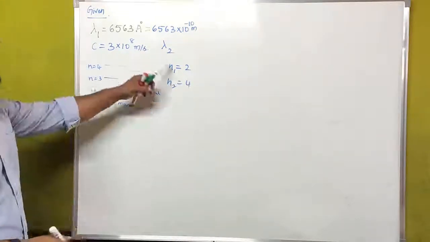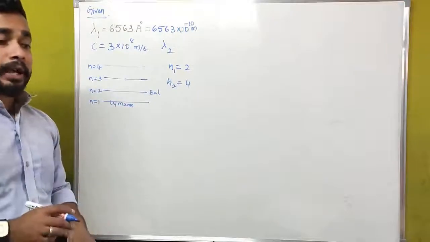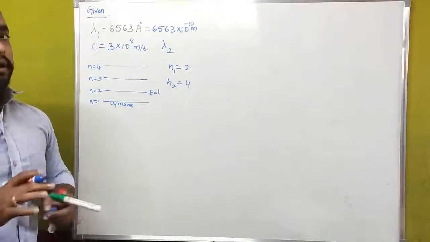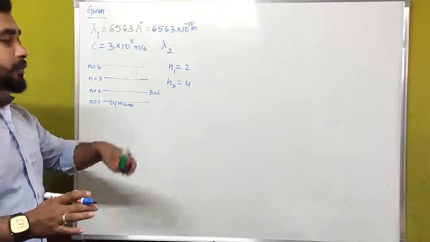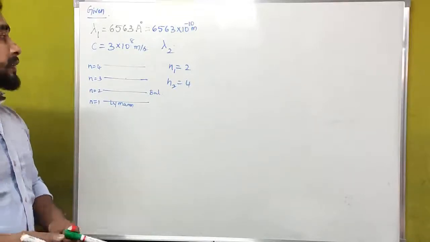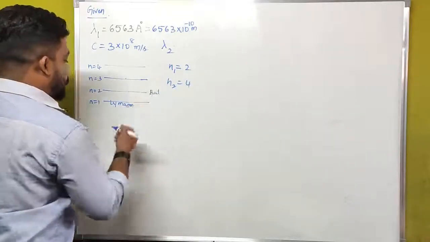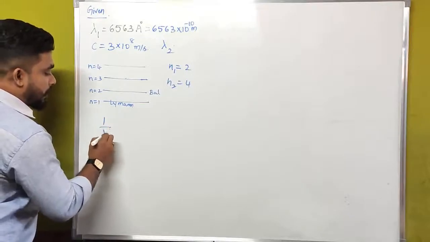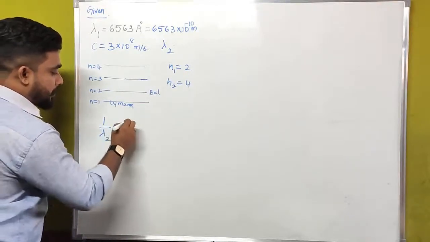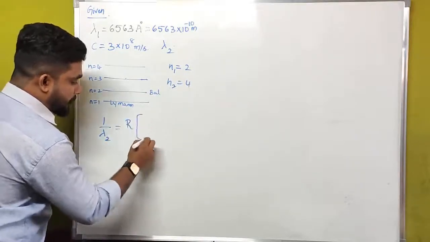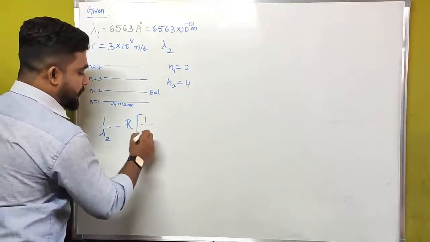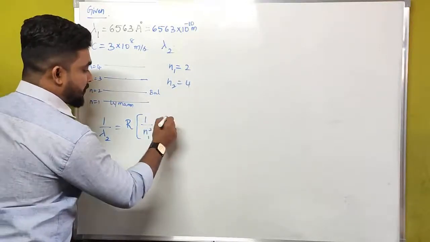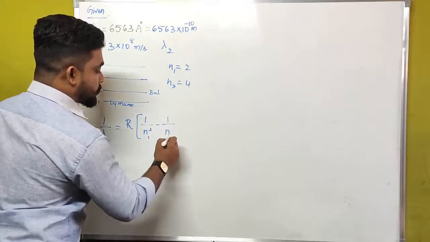Then only we can calculate the wavelength, and here we have to calculate frequency also, both wavelength and frequency. For that, what we can do here is 1 over lambda 2 is equal to capital R into 1 divided by n1 square minus 1 divided by n2 square.